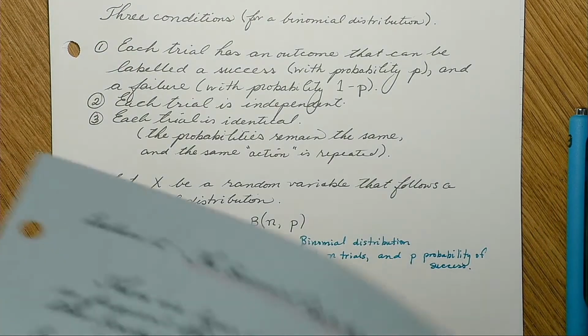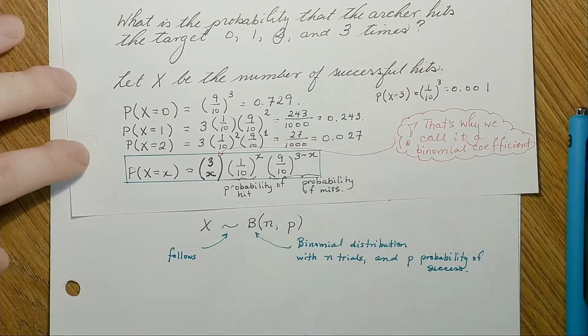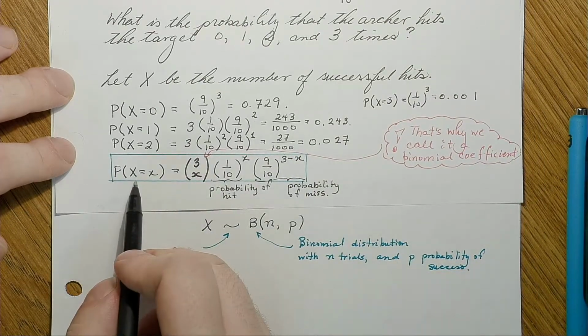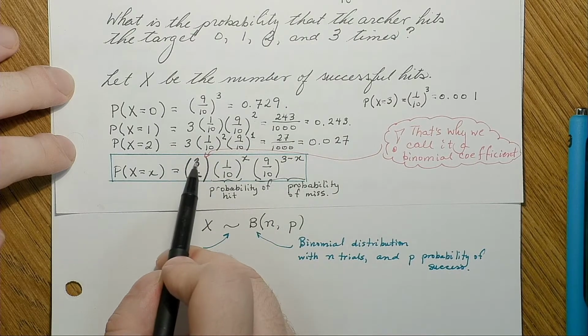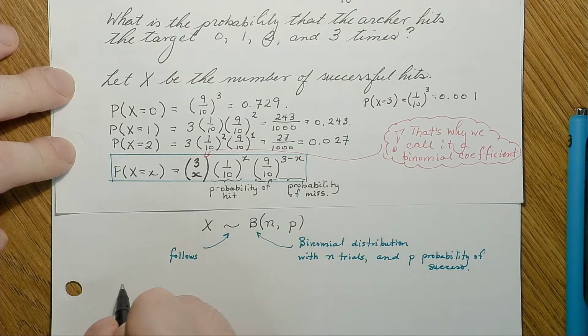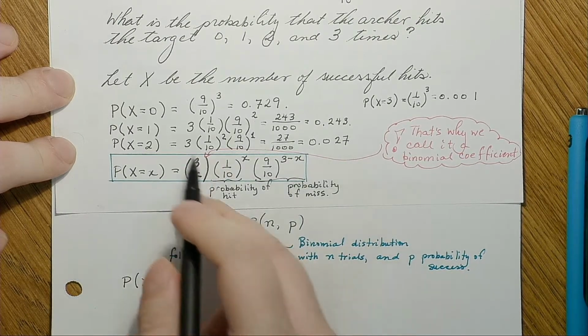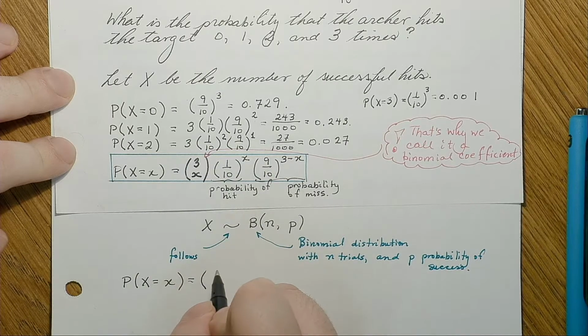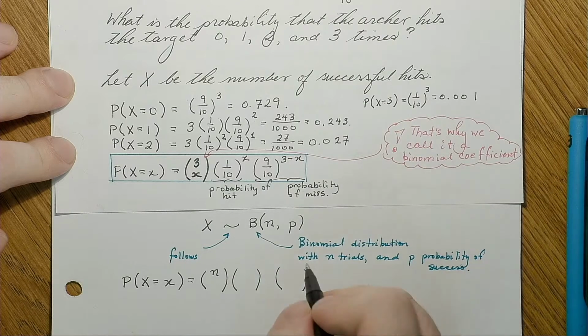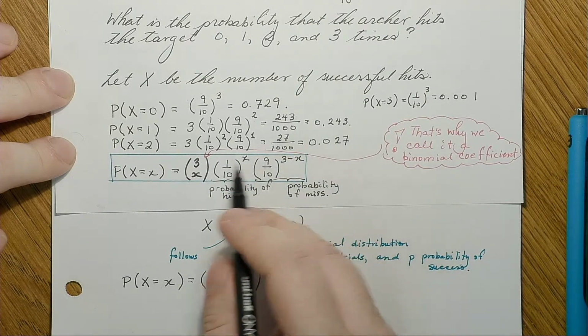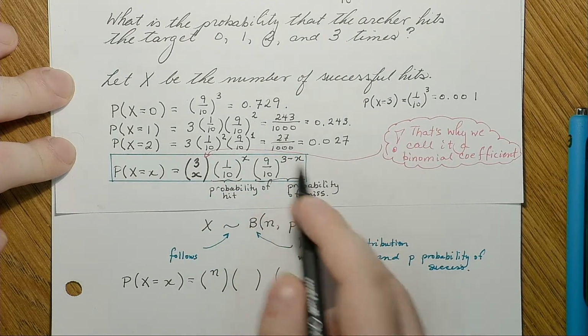So looking back to how we had formed this, we're going to replace 3 with n, which is our number of trials. So just copying this out, the 3's are replaced with n, so instead of having 3 here, we'll have n.